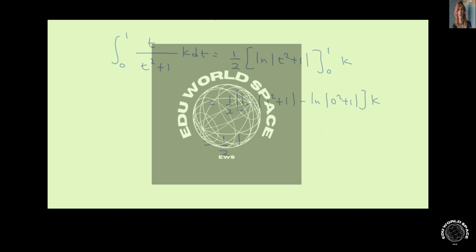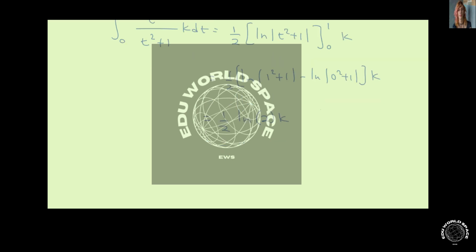So we have half ln 2 k, which we can write as ln square root of 2 k.